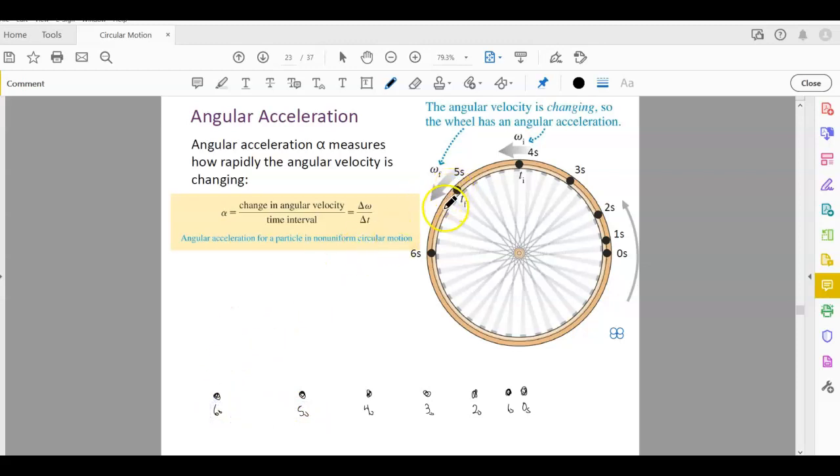So this distance right here from 5 to 6 is this distance right here. Okay, so you can see from 0 to 1 seconds, it goes from here to here, and that matches up with this distance right here. So this is exactly the same motion diagrams that we've been using since chapter 1 for motion.